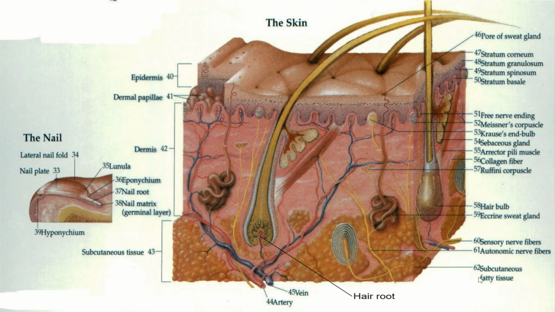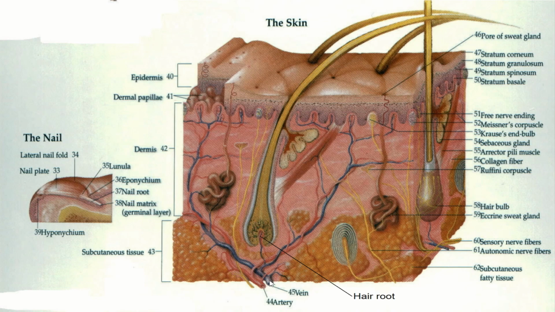We have the subcutaneous fatty tissue, which is the adipose tissue that we are all familiar with. The hair root is the blood supply to the hair. So the hair bulb is the actual outside coating of the hair. It's like the sac that the hair sits in, whereas the hair root is the blood supply.